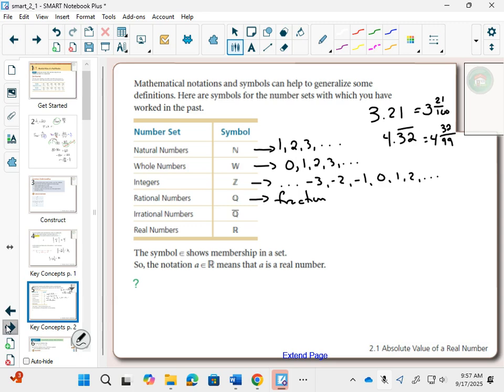So any repeated decimal is also a rational number. So rational numbers are anything that can be dealt with as fractions. One of the big things that we're going to be looking at in the second part of this unit is irrational numbers. Numbers that can't be written as fractions.